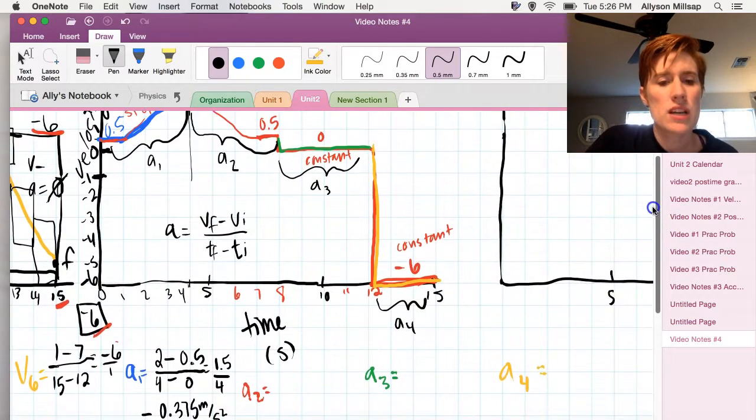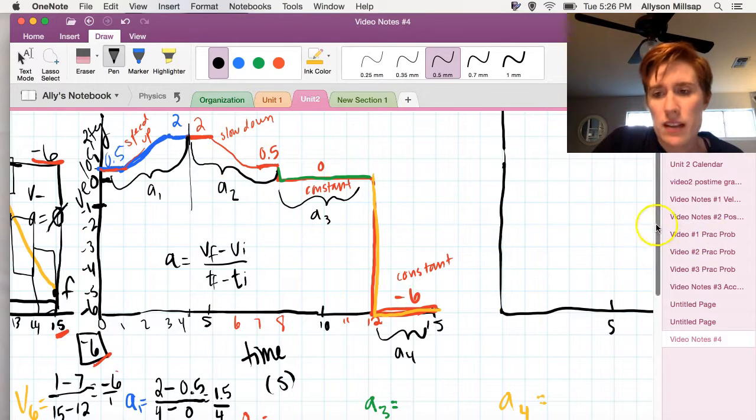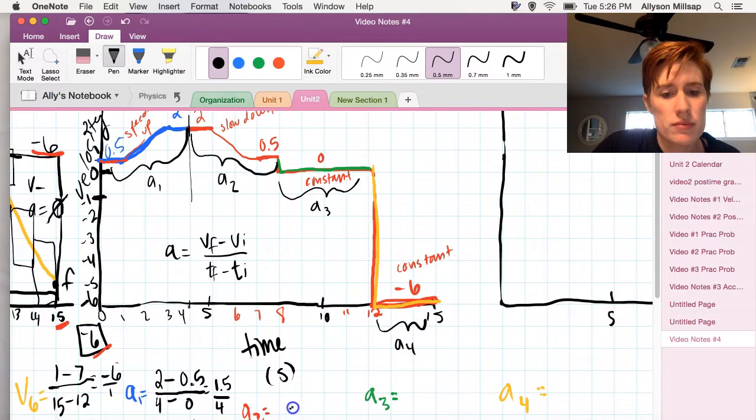Now let's find our second acceleration. Looking at our graph, what's our formula? We need our final speed minus our initial speed. Our final speed is 0.5. Our initial speed was 2.